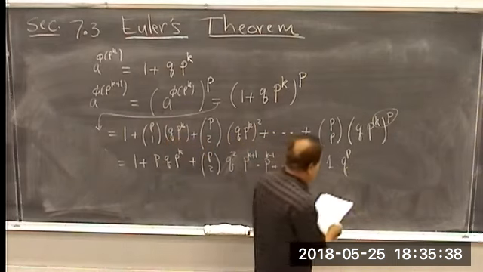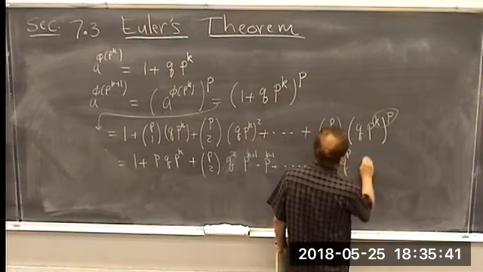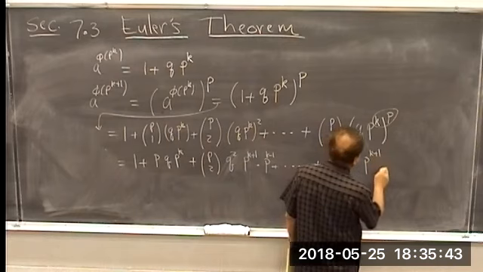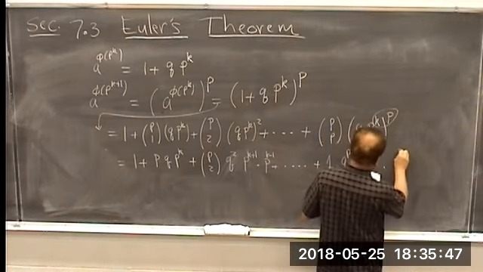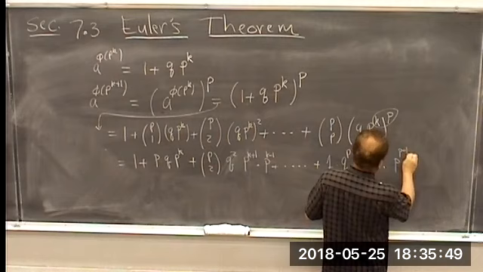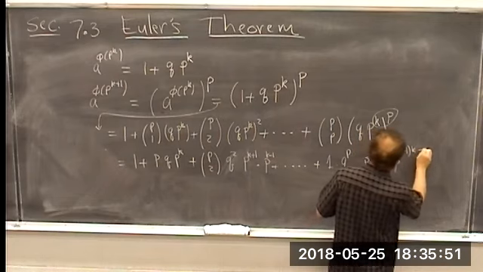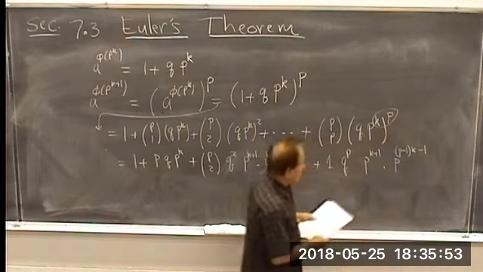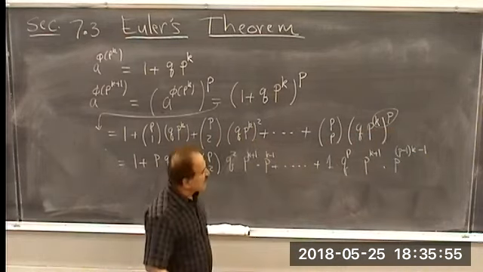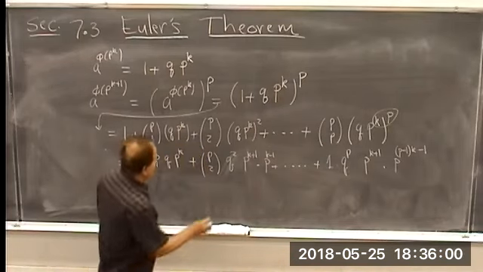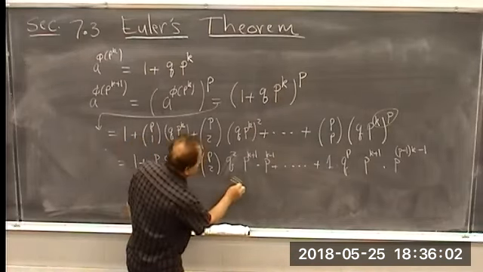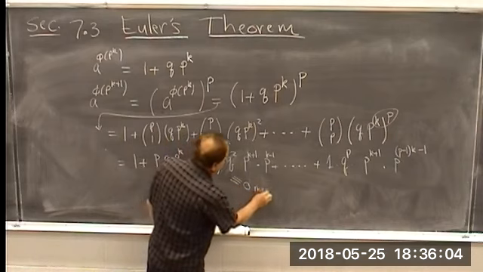And I can again write that one as P to the power K plus 1 multiplied by P to the power (P minus 1)K minus 1. So when you add this up, you come up with P to the power KP. Now, each one of these is going to be congruent to 0 mod P to the K plus 1.